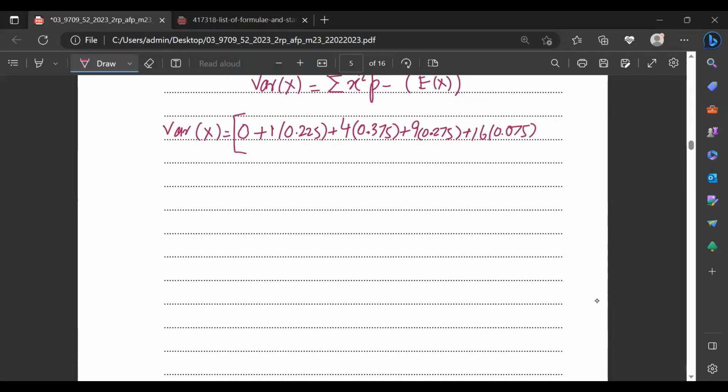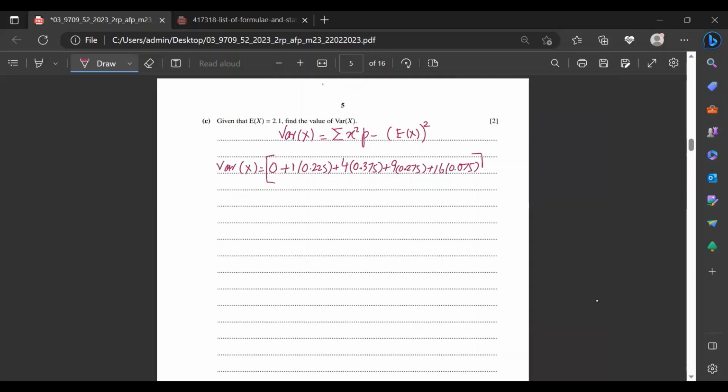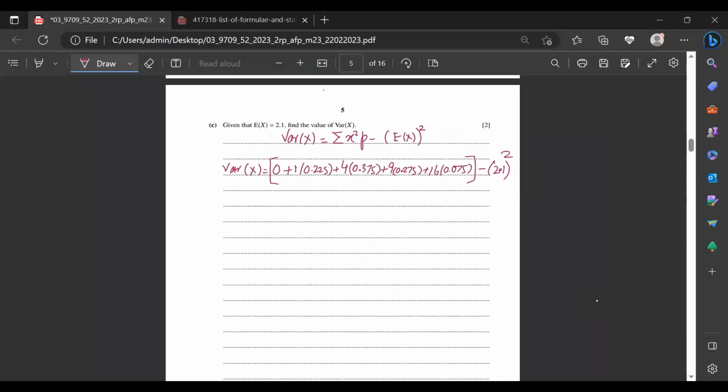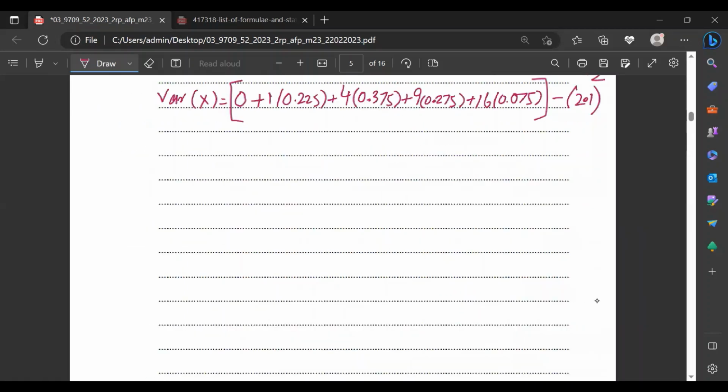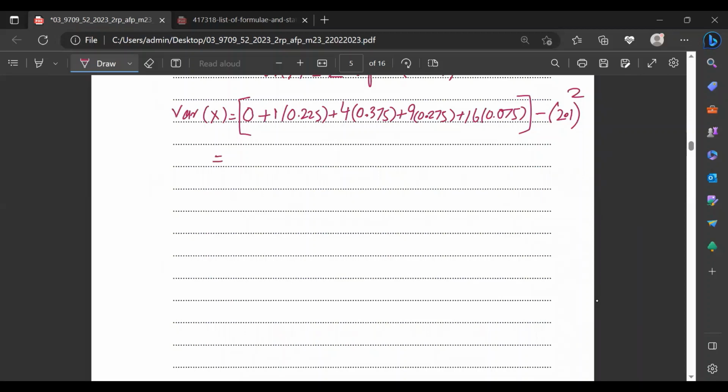So this is the sum of x square p, minus the expected value of X, which is given as 2.1, squared. So simplify: inside the bracket is 0.225 plus 4 into 0.375 plus 9 into 0.275 plus 16 into 0.075.